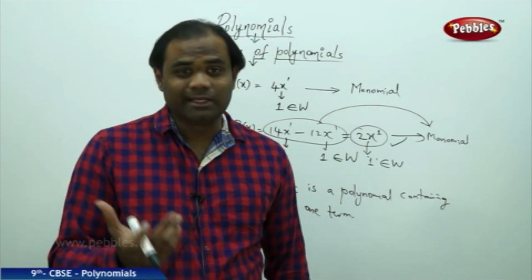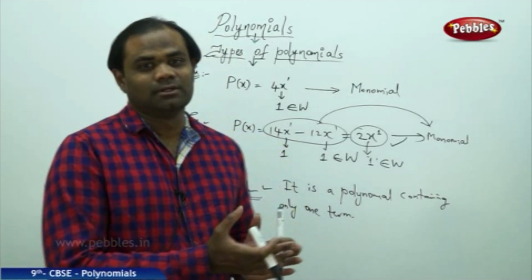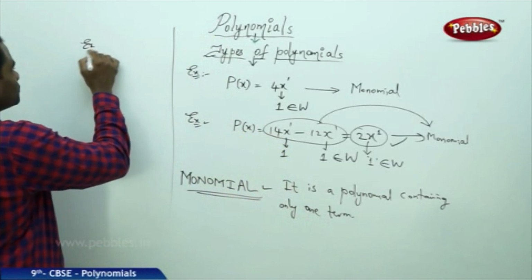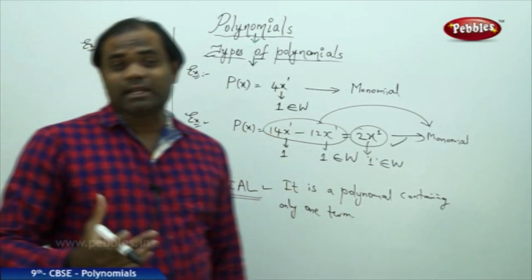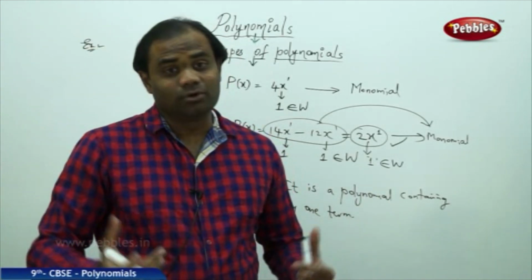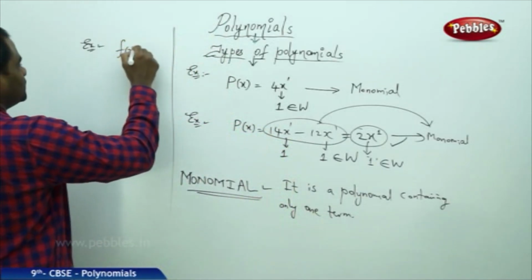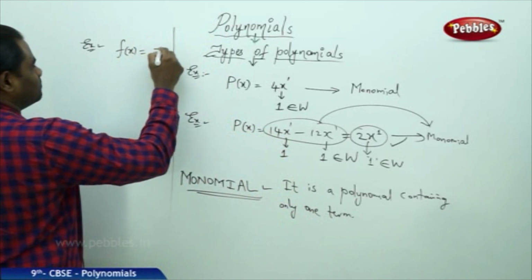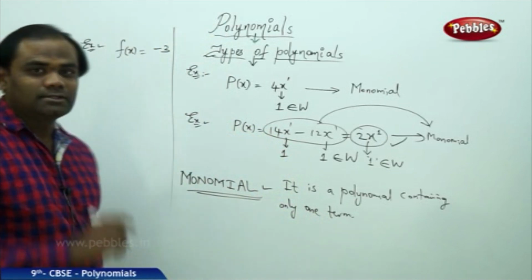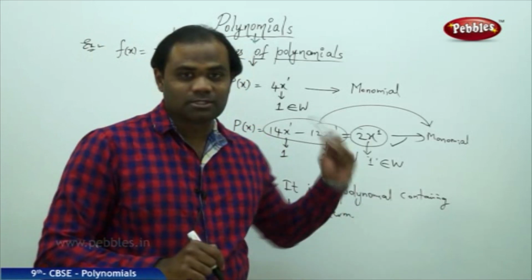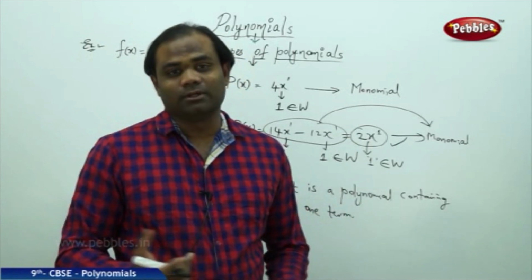What if the polynomial is having only a constant? Let's take an exceptional example in this case to understand the concept of monomial more strongly. For example, I have my function or the polynomial to be -3. Is this a polynomial is the biggest question before we decide on this polynomial being a monomial.